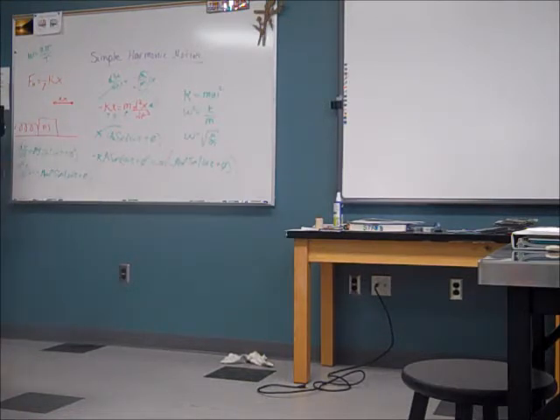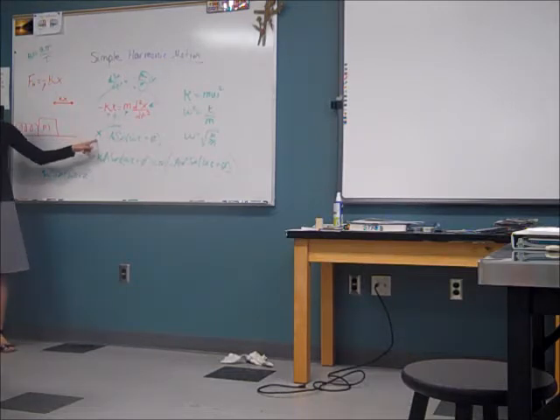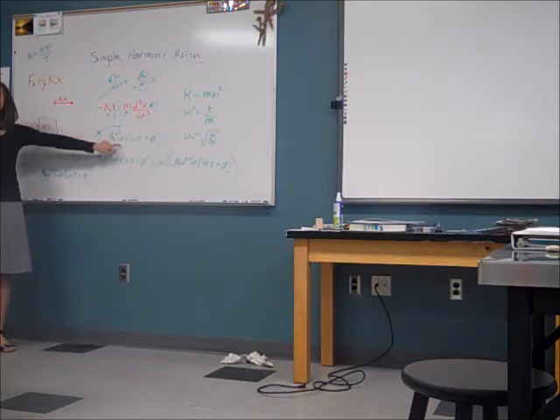Okay, there is a relationship between the maximum position or amplitude of an object and the maximum velocity of an object. Because if the maximum position is encountered, then sine is at a maximum.